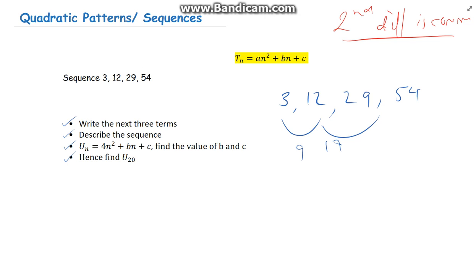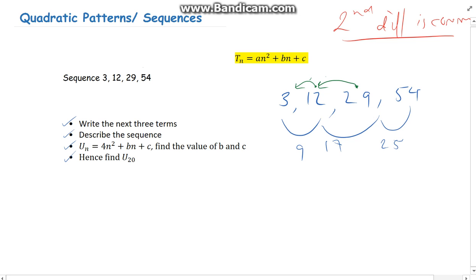Just in case you can't remember, or they ask you an algebra question, you take one number and subtract the number in front of it, and that gives you your common difference. So 54 minus 29 is 25, our next common difference.